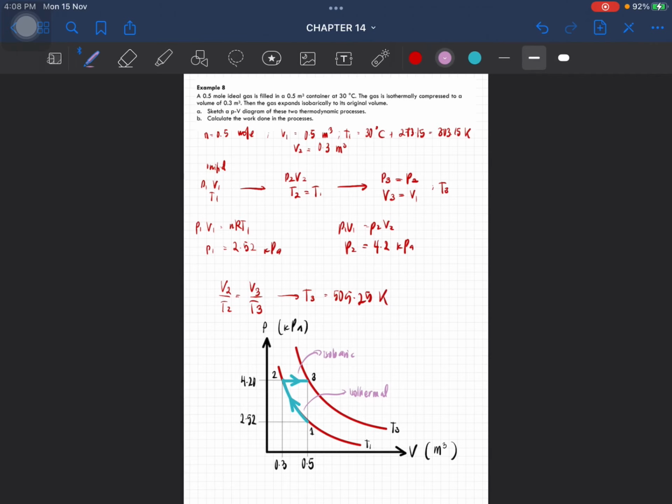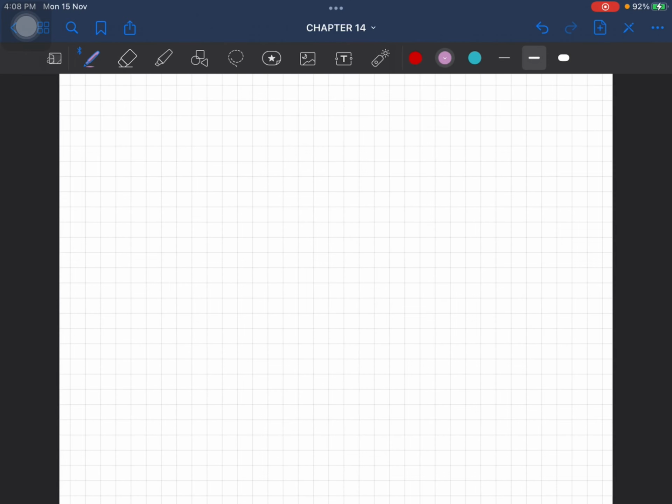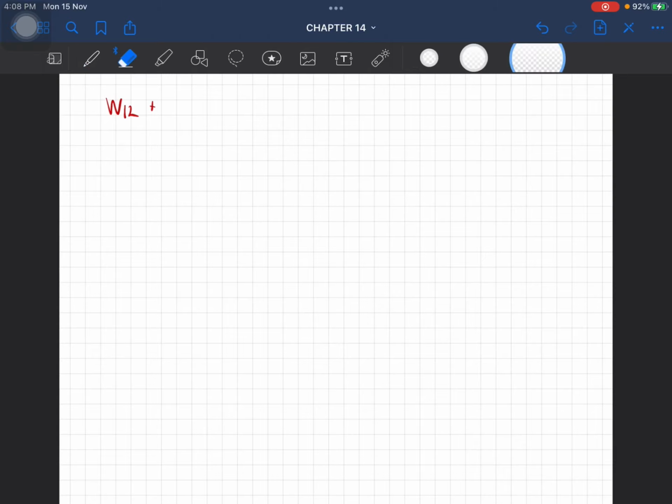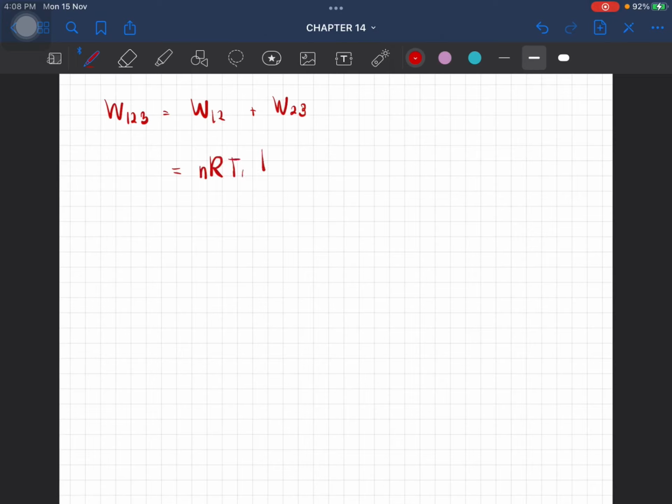Okay, and then we have to calculate the work done. So the work done for the whole process 1 2 3 is work 1 2 plus work 2 3. Work done for isothermal compression is nRT1 ln V2 over V1.